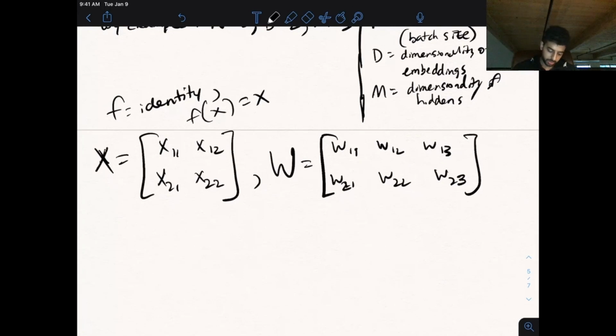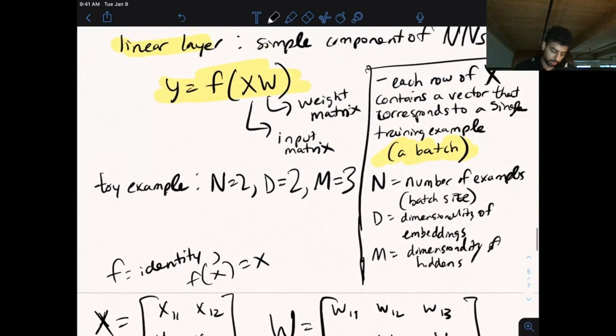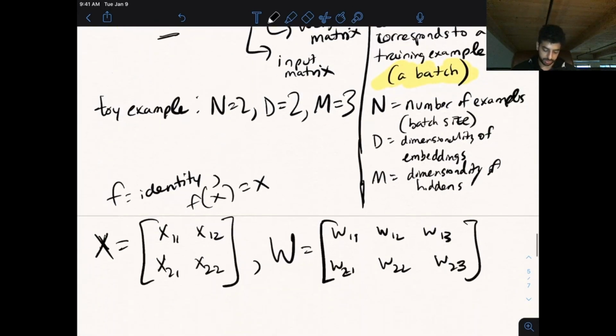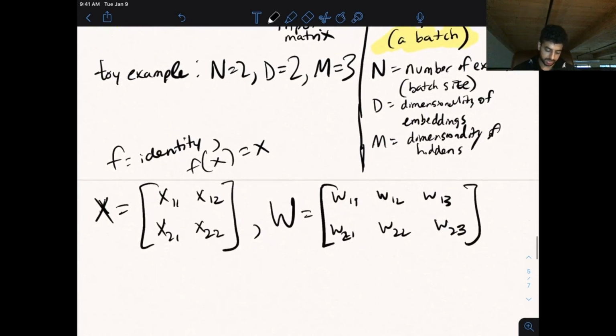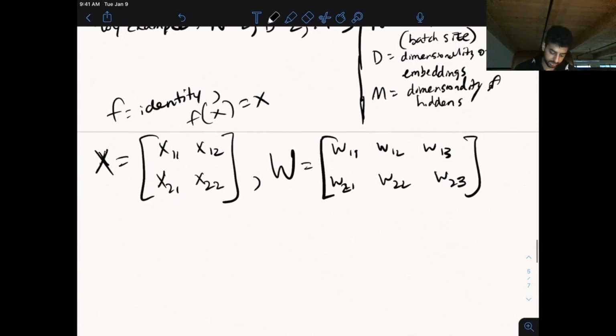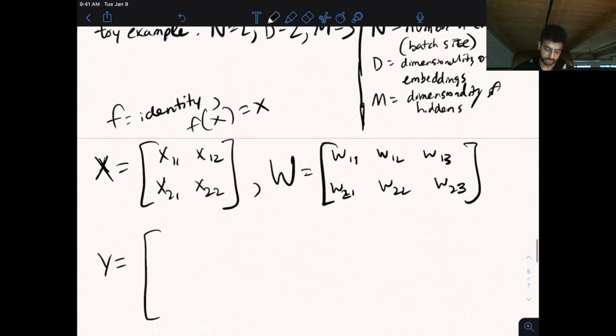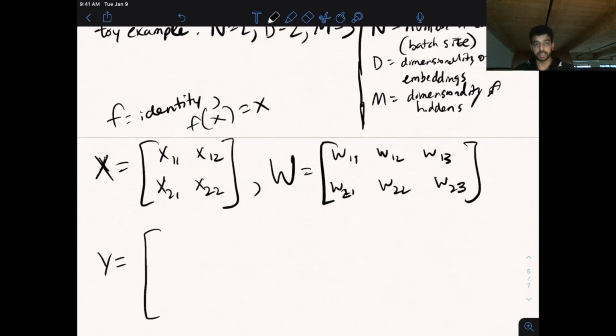Okay, so we're interested in this y, right? Y is the output. And what does y look like, since it's the product of x and w? If we write out the terms in y, first of all, what is its dimensionality? You've now seen this in homework 0, right? We're taking this 2 by 2 matrix, multiplying it by a 2 by 3 matrix.